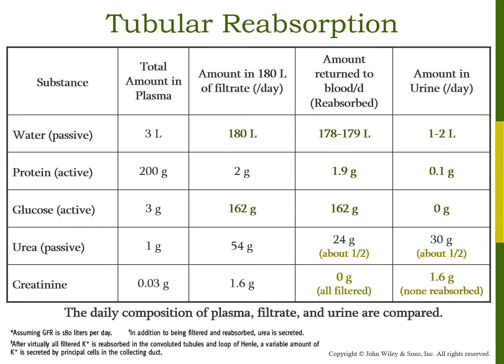So you'll see that the amount of creatinine that appears in the urine, 1.6 grams per day, is essentially equivalent to the amount that was filtered, and therefore creatinine clearance can be used to measure the rate of filtration, or the GFR.